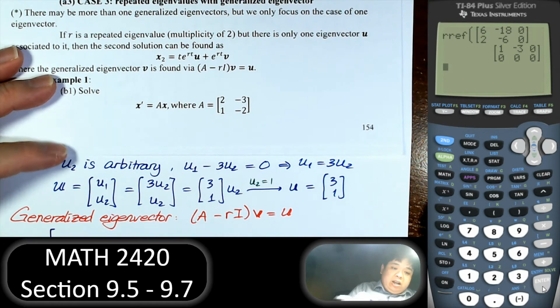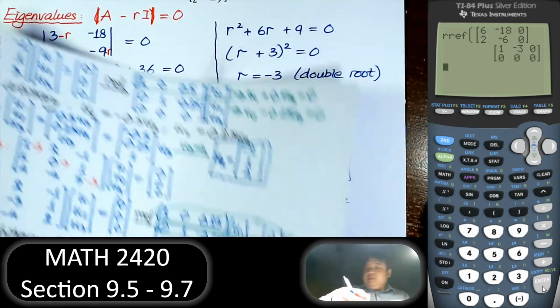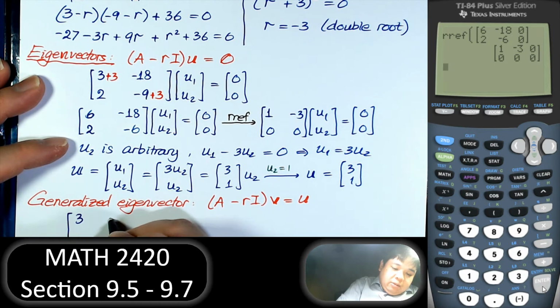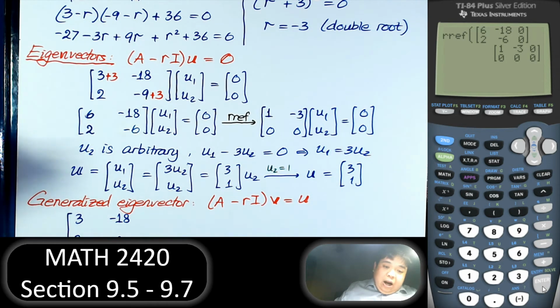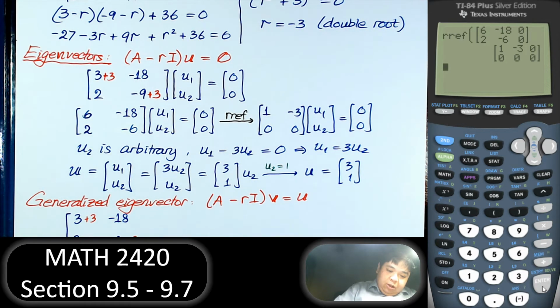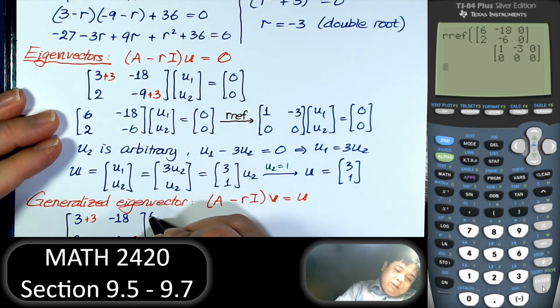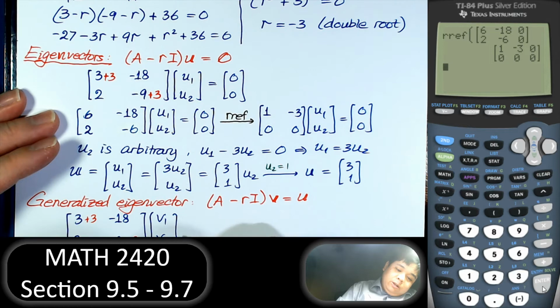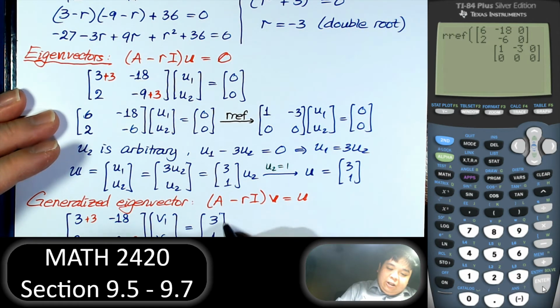A minus Ri, that's the same thing as [3, -18; 2, -9] minus negative 3, so plus 3. But this time times V, so [V1, V2], equal to U. It's going to be [3, 1].